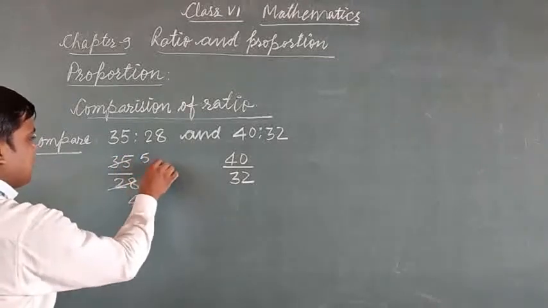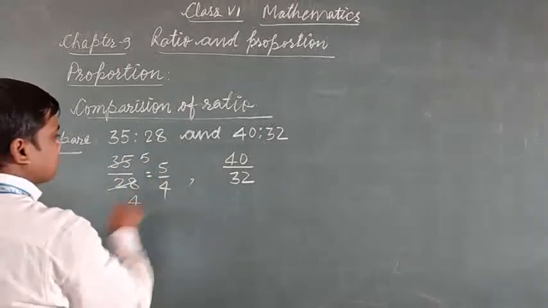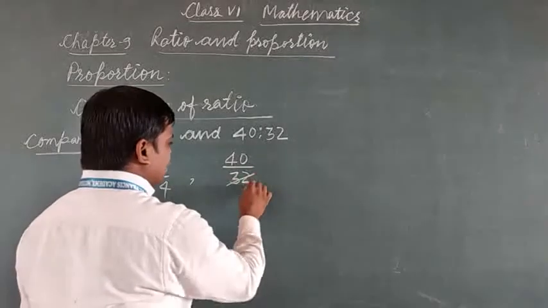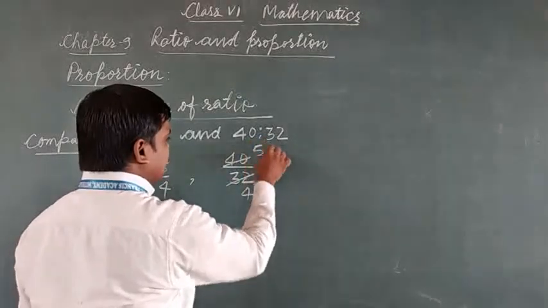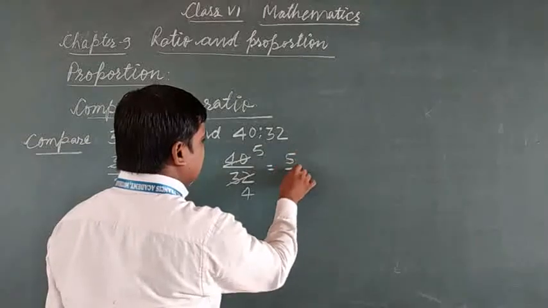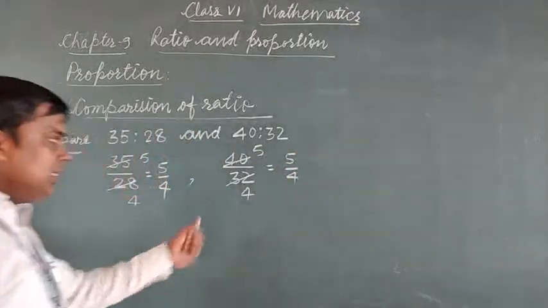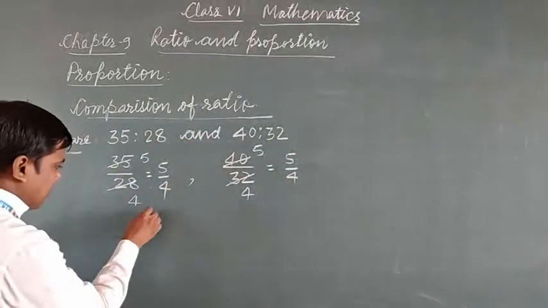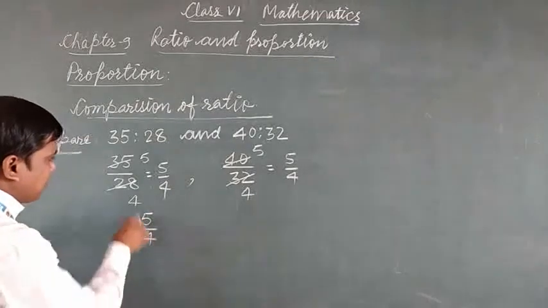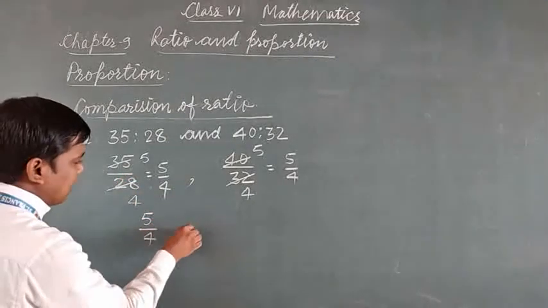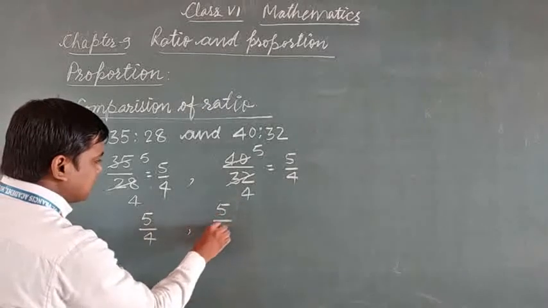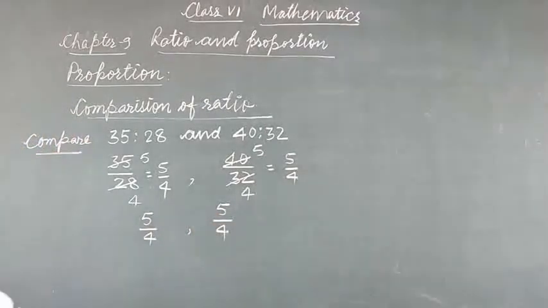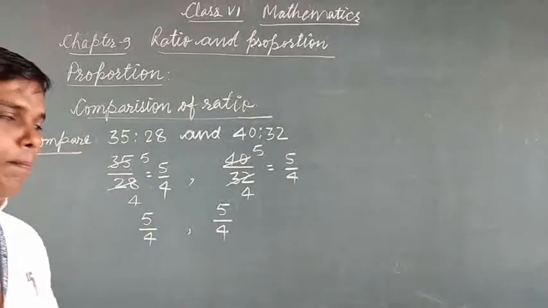This can be written as 5 by 4. Here 8 fours are 32, 8 fives are 40. This can also be written as 5 by 4. Now after simplifying, the simplest form of this ratio is this and the simplest form of this ratio is this. Now you have a method to compare these two.